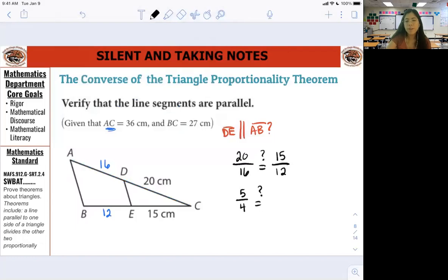How do I simplify that one? 5 over 4. Also 5 over 4, when you divide by 3. I think Jalen was telling us what to divide it by. So when I divide the top and the bottom by 3, I get 5 over 4 on both sides. So therefore, we know that DE is parallel to AB.